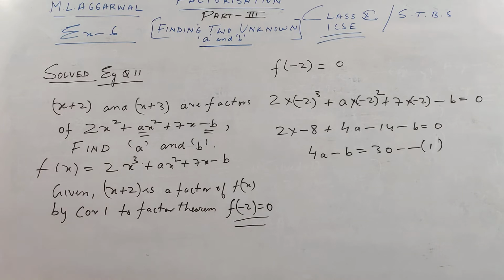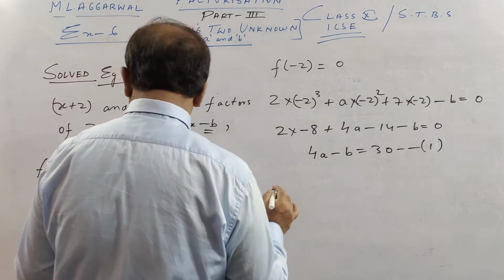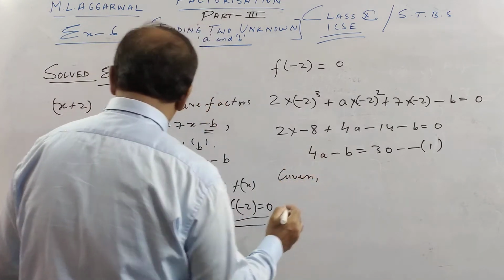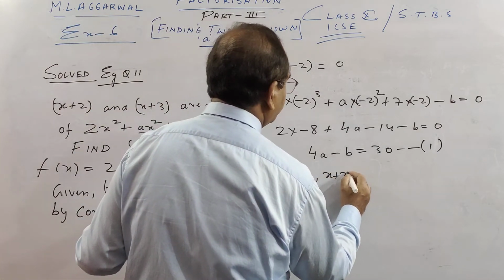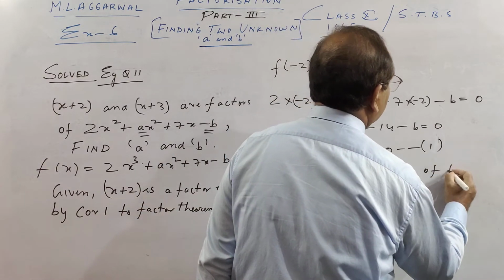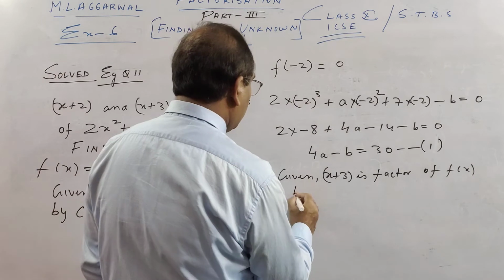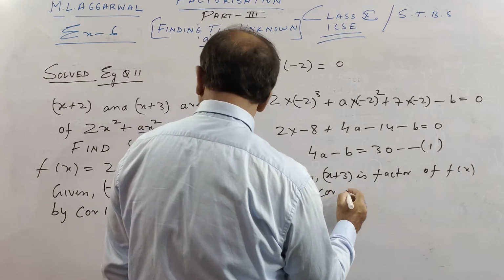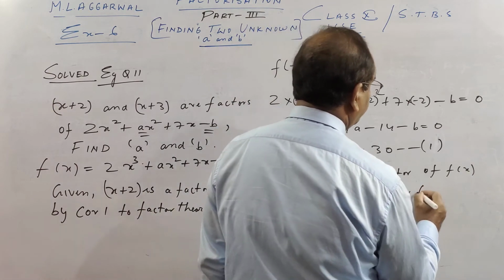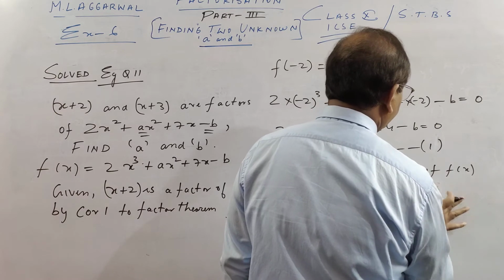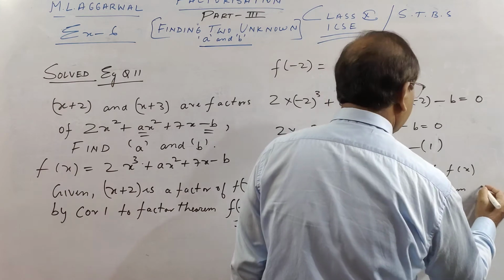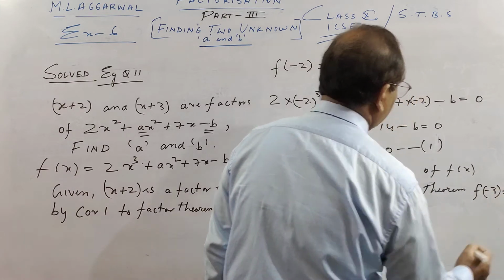Okay, now in the same way you can write, given again everything same, children, x plus 3 is a factor of f(x). So here what will you write again? By corollary 1 to factor theorem, we get f(-3) is 0.